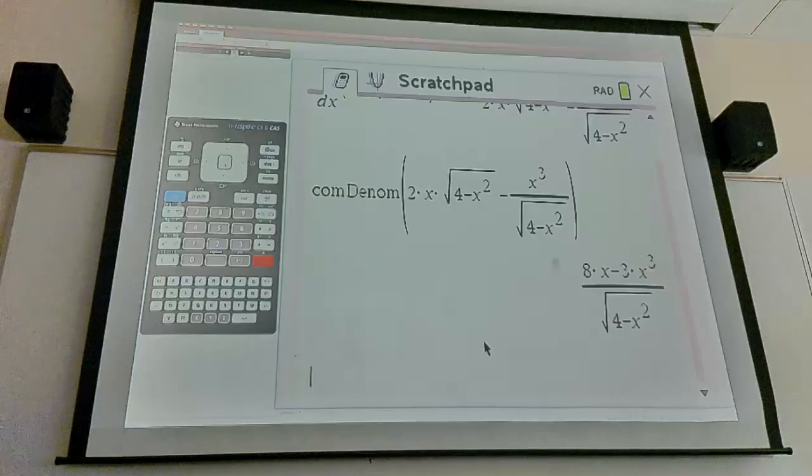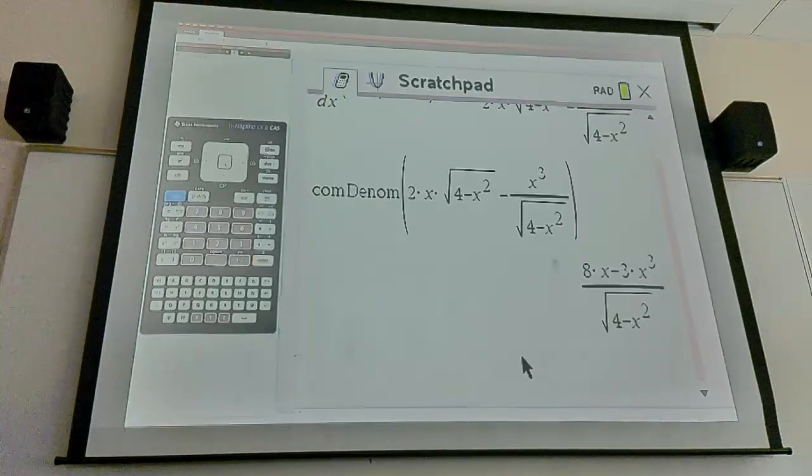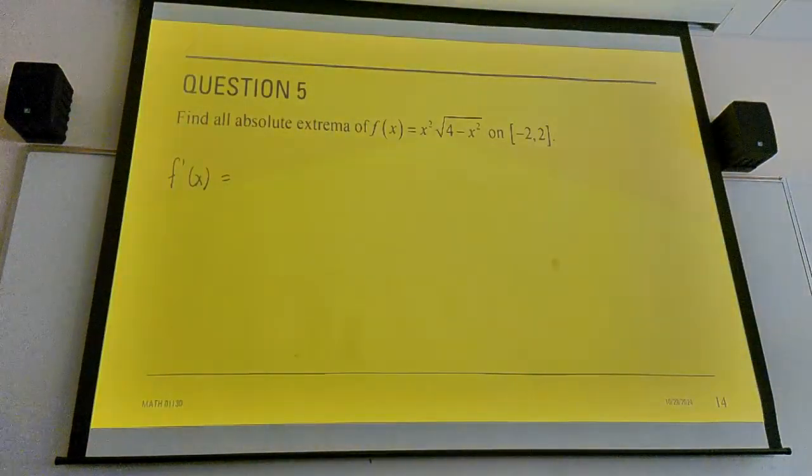Oh, is that our form? That's the derivative I'm going to be using. And here's what you do. You hide the calc and you just write this.